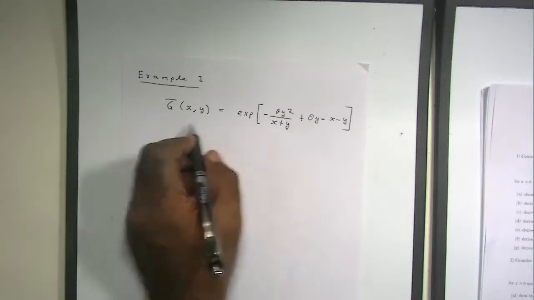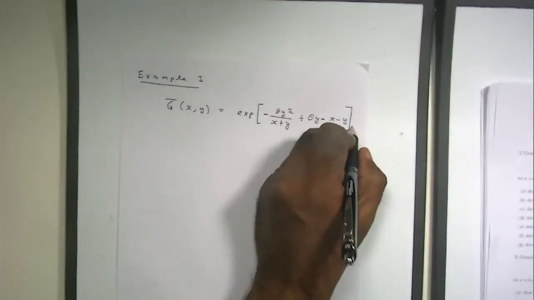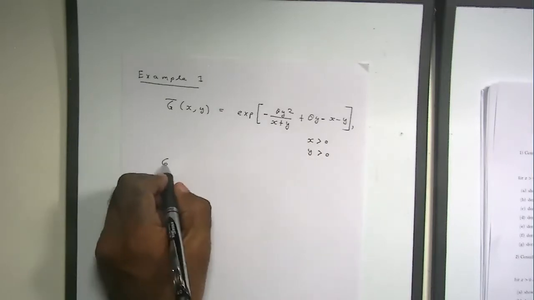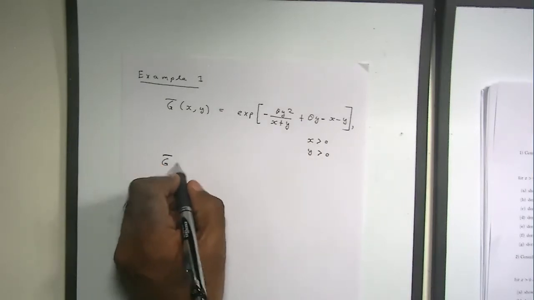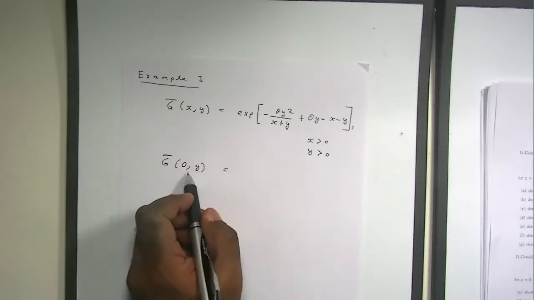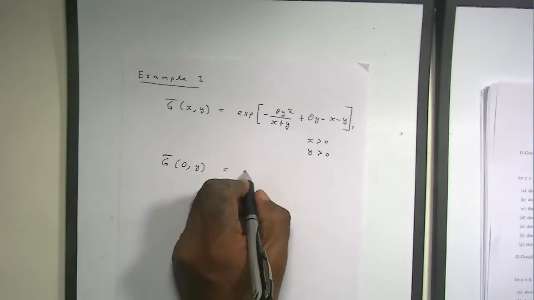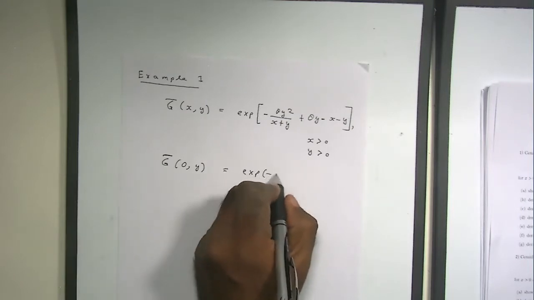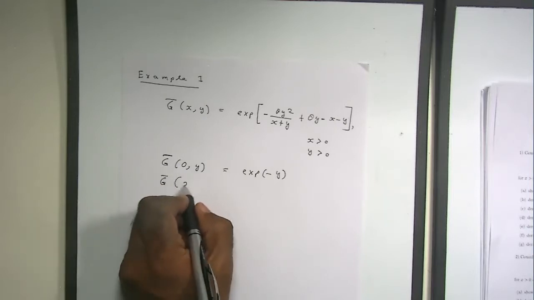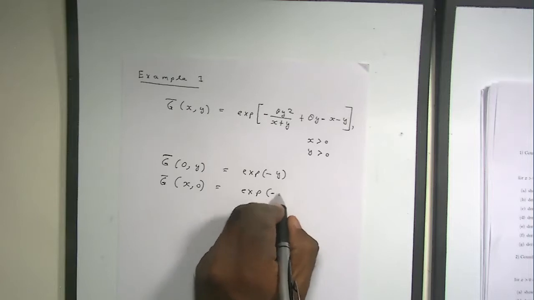Now, to figure out which one this falls under, all you have to do is, because x is greater than 0 and y is greater than 0, we just work out G bar at 0 comma y. If you put x equal to 0, you get exponential of minus y, right? And if you put x comma 0, you get exponential of minus x.